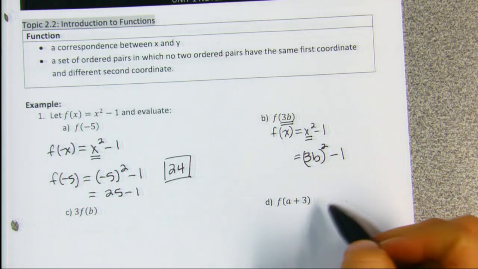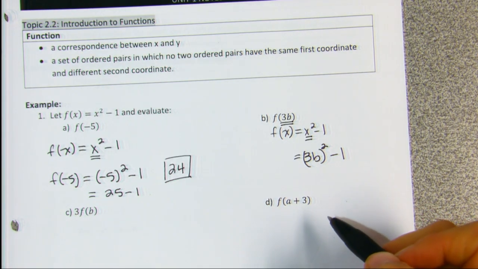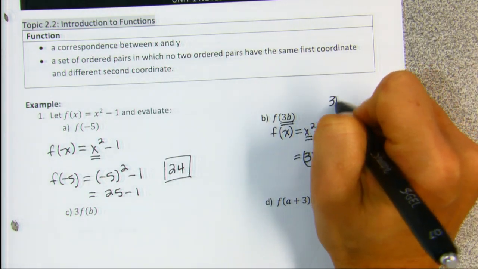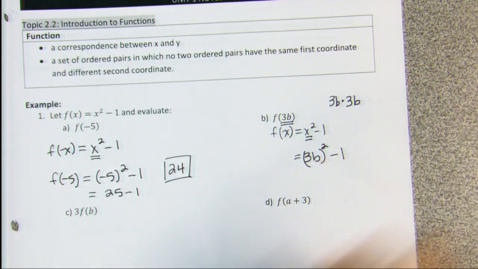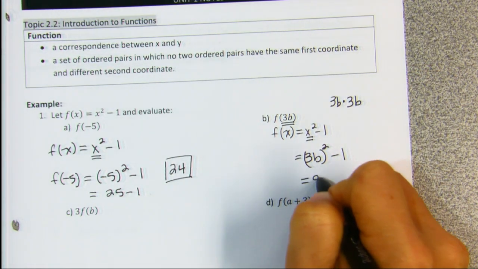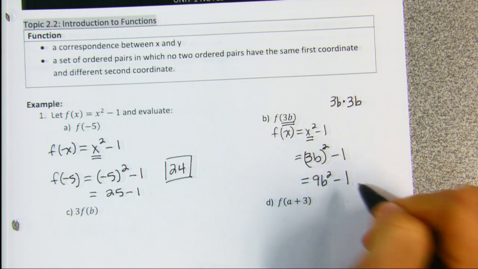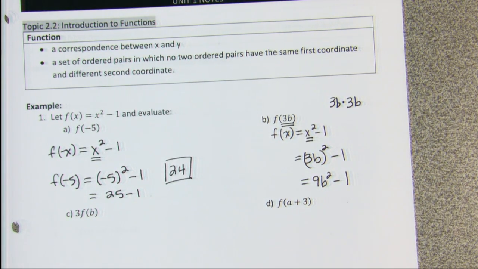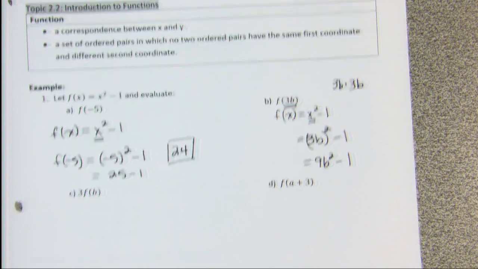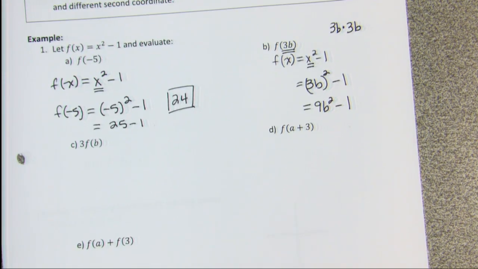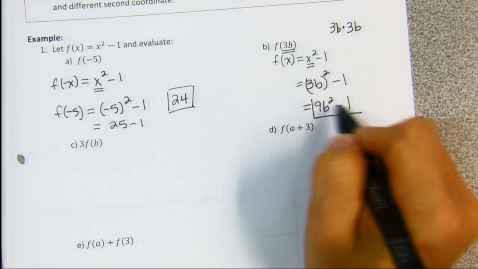We need to simplify this. We can take 3b times 3b, right? Do you guys remember? It's like saying 3b times 3b is 9b squared. Are those like terms? 9b squared minus 1? We're done, because they're not like terms. That's our answer.